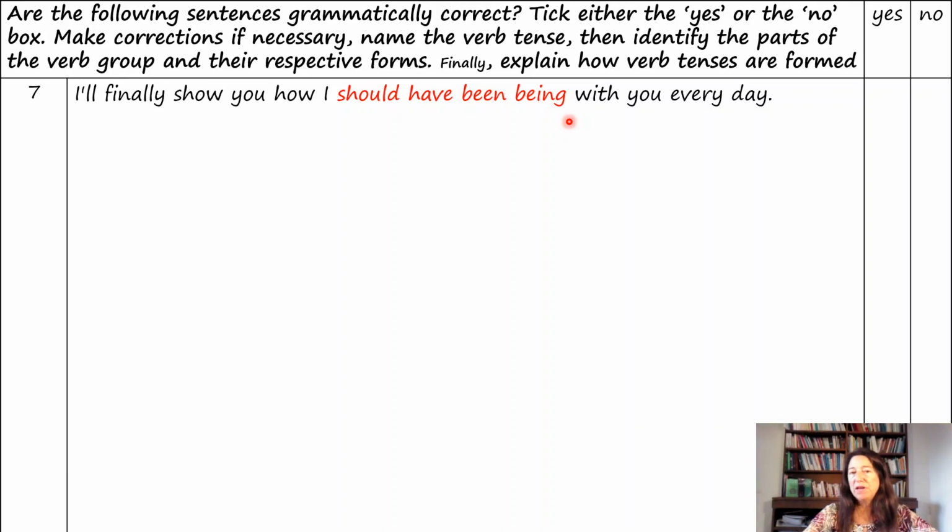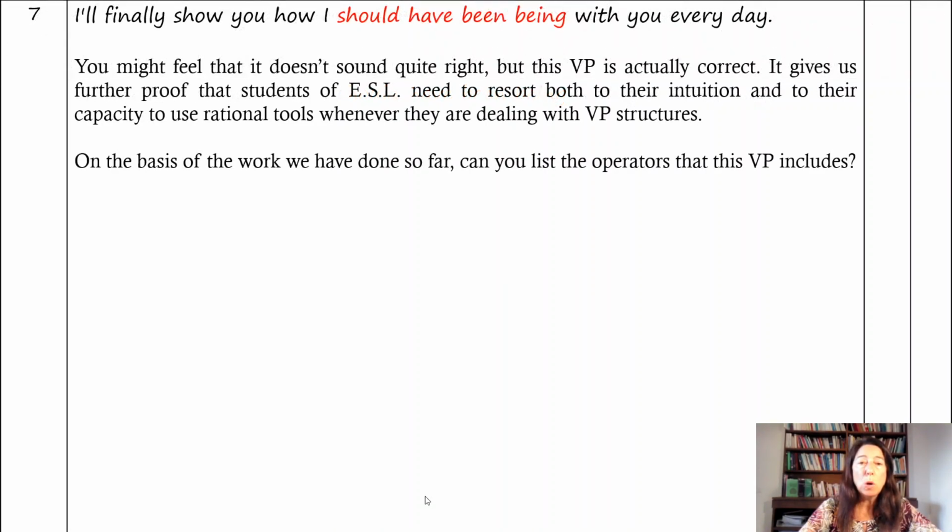Not very common, not very natural, and I might conclude that, well, this is not correct. And this sentence is actually interesting because it shows us how important it is to use both our intuition and a more rational technique to go about deciding which form is correct or not correct.